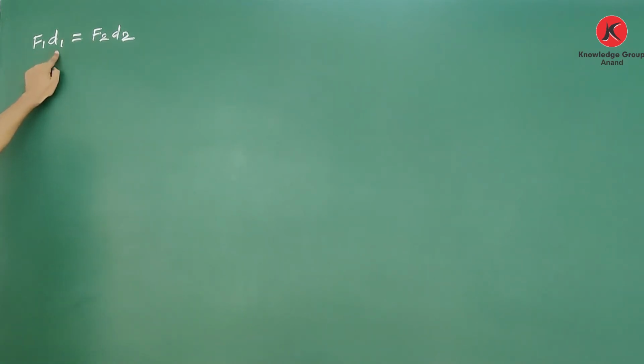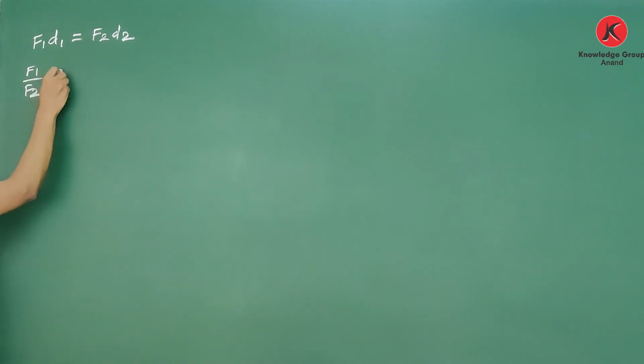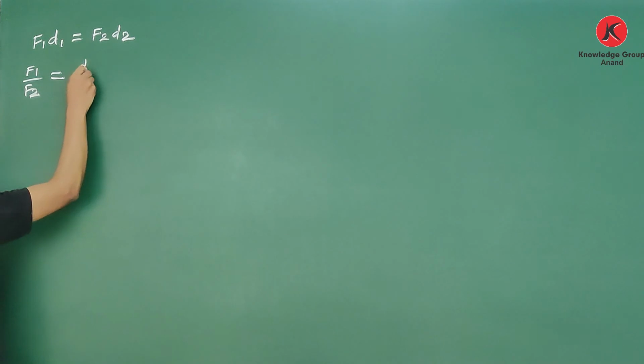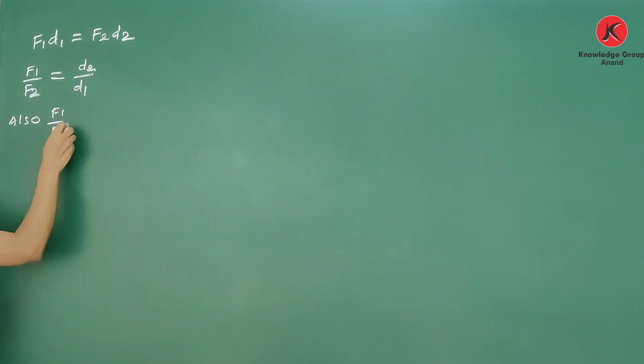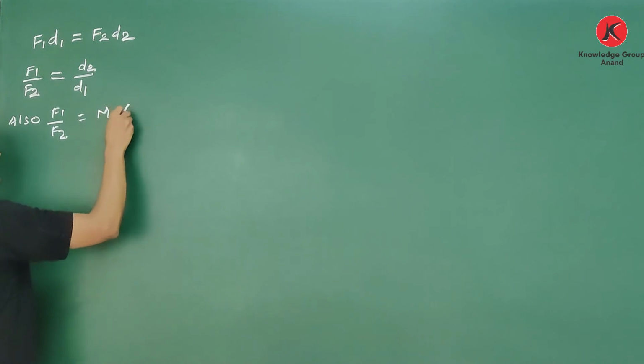Load into load arm is equal to effort into effort arm, or you can also write this equation as F1 upon F2 is equal to D2 upon D1. Also, this F1 upon F2 is equal to capital M.A.